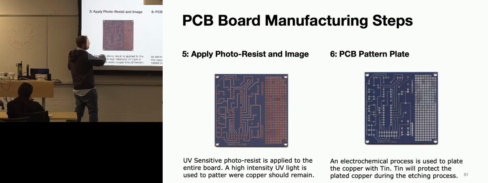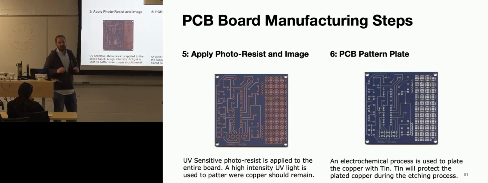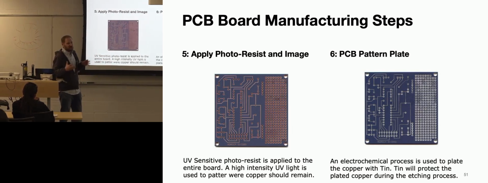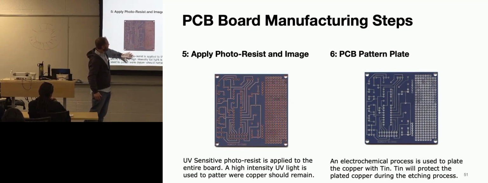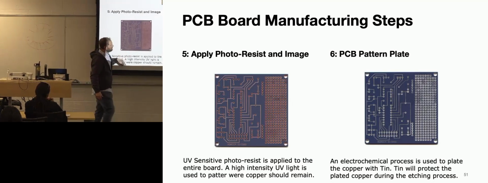In this particular one they're using positive, so all these little areas right here, they're going to keep the photoresist on. They shine light where they want to keep copper, and then they use an acid and eat away all the copper where there isn't photoresist. So now you can use a light patterning mechanism to define where your copper is going to be.